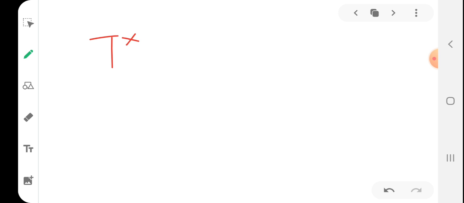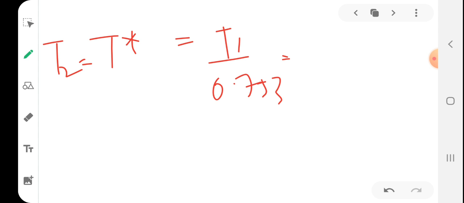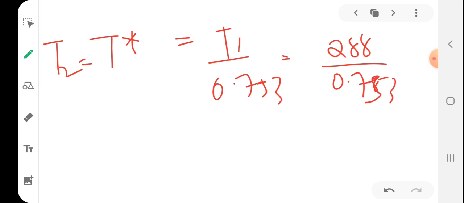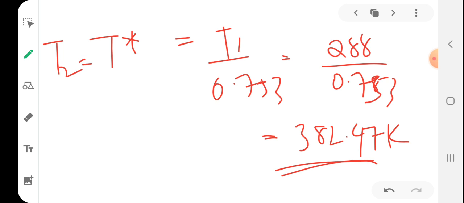So T star will be T1 by 0.753. T1 is already given in the question as 288, so 288 by 0.753 will be equal to 382.47 Kelvin. Now you got T2.